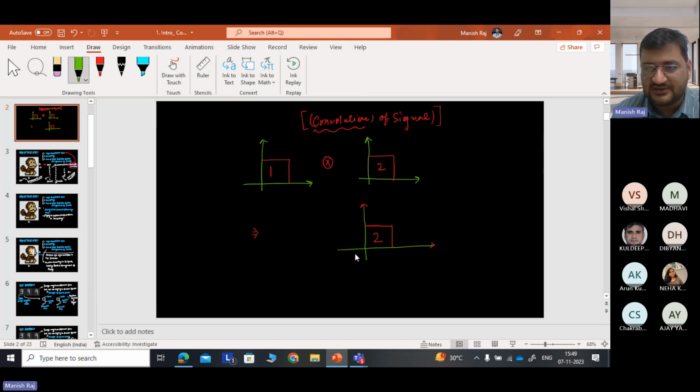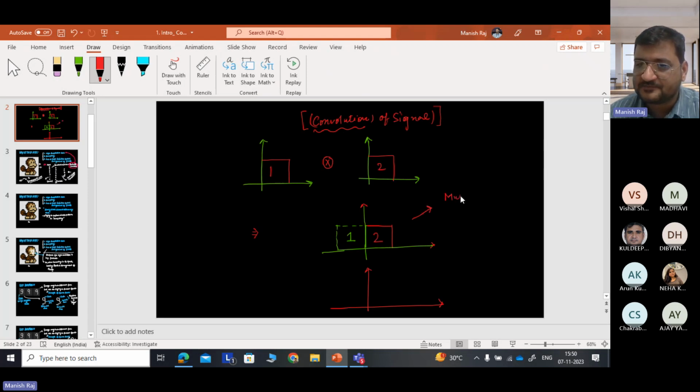And I am starting with this signal. I rotate this signal and put it at the edge of the other signal, at 1. This is 1, and I am starting at the edge of 2. So what is happening if you make some structure of the output of this signal? The first operation will be multiplication. If only the edges collide, you are multiplying something by zero, so that is not a number.